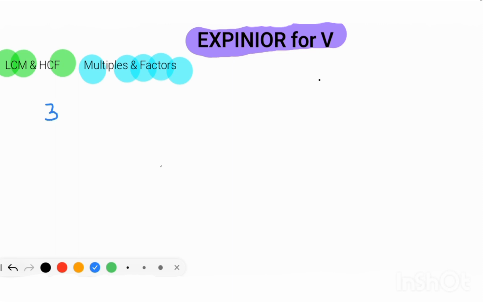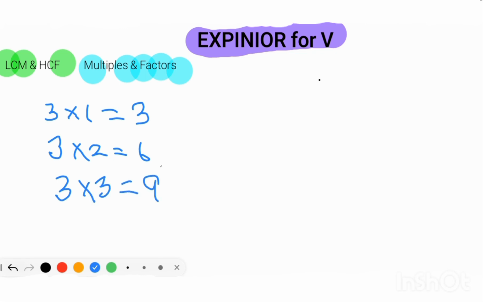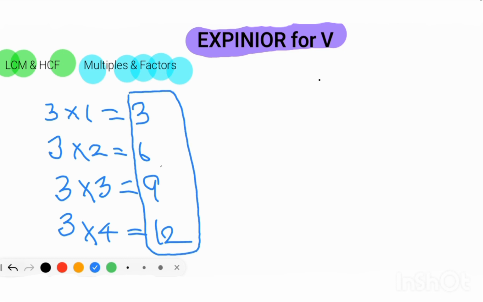Okay, so 3 ones are 3, 3 twos are 6, 3 threes are 9, 3 fours are 12. I'll not write the complete table, so for understanding this is enough. So here if you see, 3, 6, 9, 12 are multiples of 3.